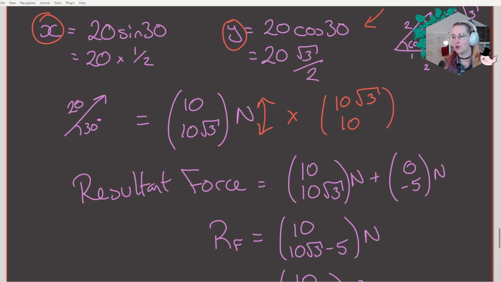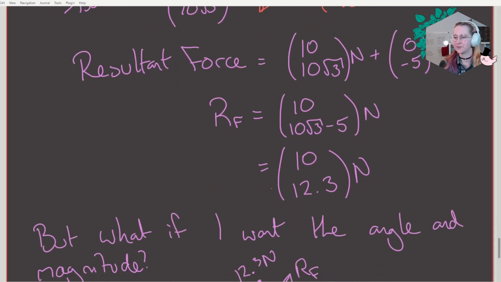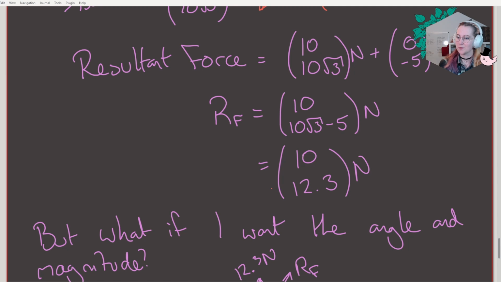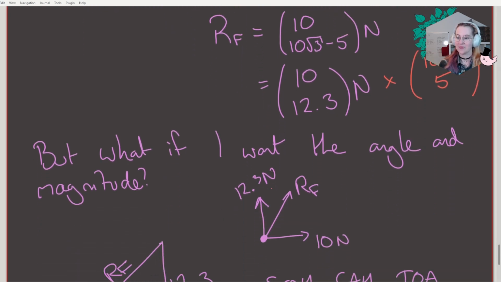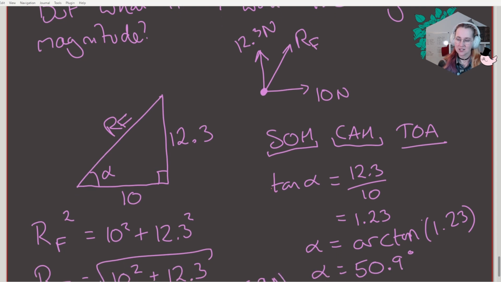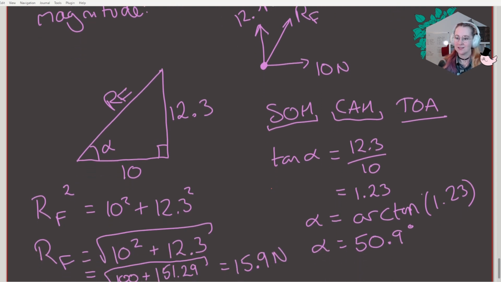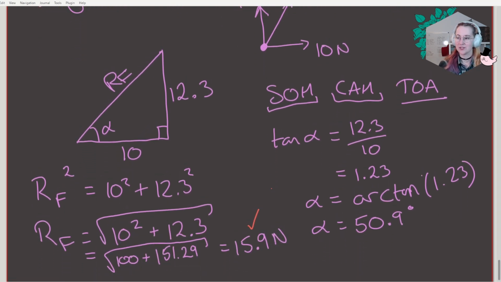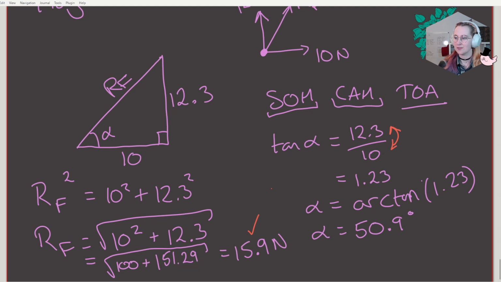There's nothing like marking your own work live on stream, you know? So this would be 10 root 3 on the top, and 10 minus 5 on the bottom. So the magnitude's actually the same.